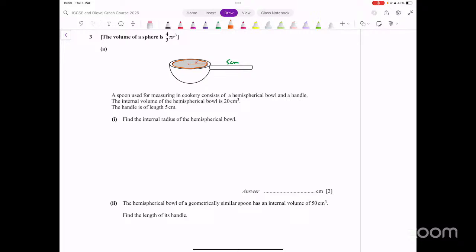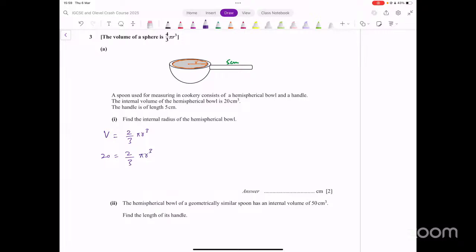Okay, so we are given the volume. What's the volume of a hemisphere? Volume of a sphere is 4 over 3 pi r cube. For a hemisphere, it's half of that. That's 2 over 3 pi r cube. They have given that the volume is 20. So equate this to 20. We get 20 equals 2 over 3 into pi r cube.